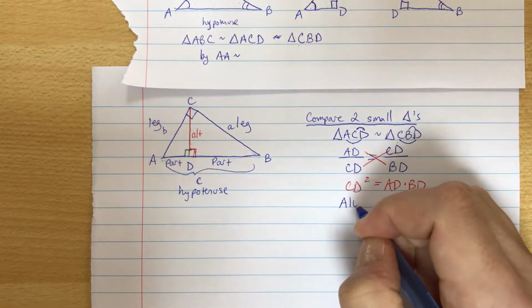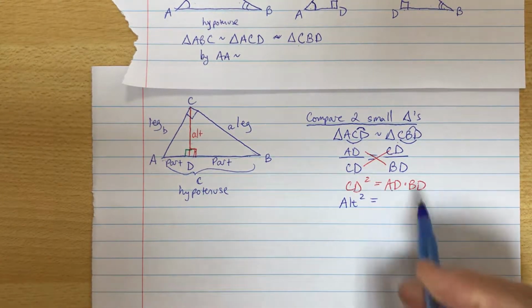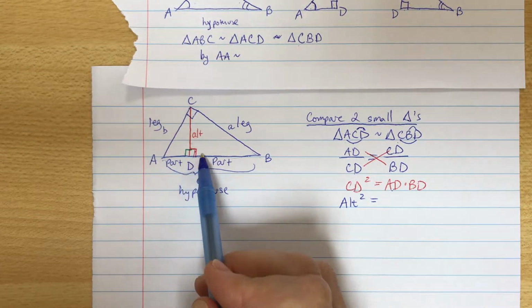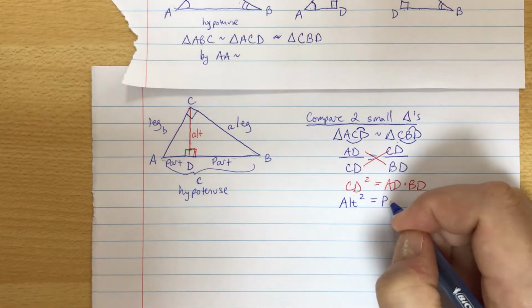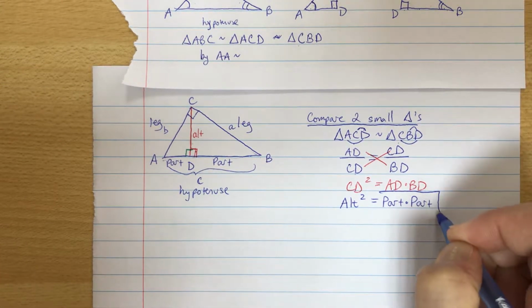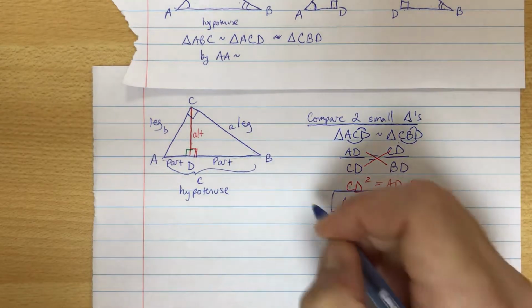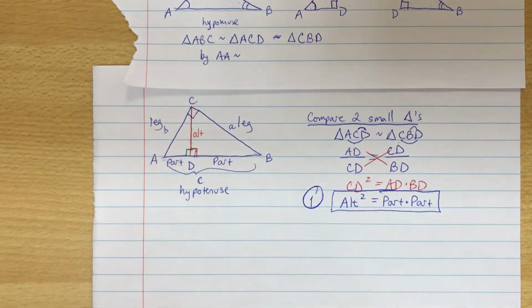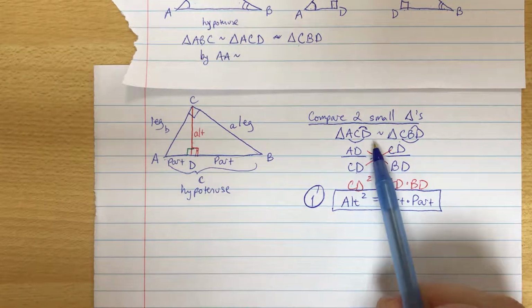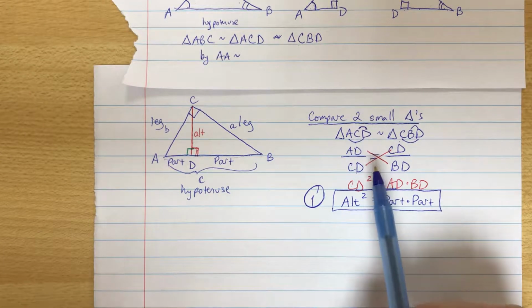So I'm going to say altitude squared equals AD times BD. AD is a part and BD is a part. Altitude squared equals part times part. That is our first formula. So there's formula number 1, and it comes from the geometric mean, which comes from similar triangles.